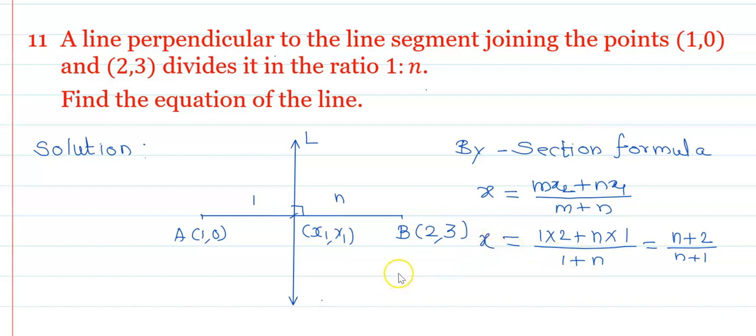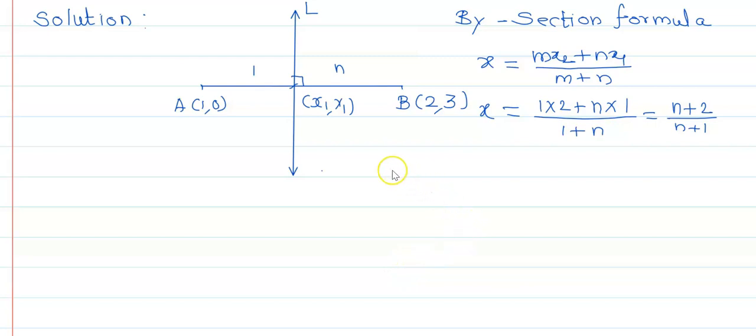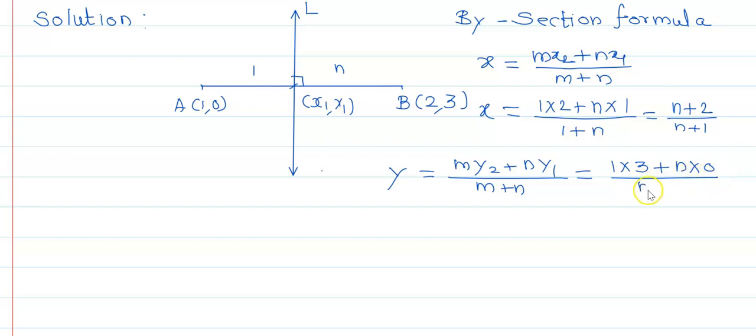This is the x coordinate. Now, what about the y coordinate? y is equal to (m y2 plus n y1) upon (m plus n), and therefore m is 1, y2 is 3, plus n, y1 is 0, upon m plus n, the value of m is 1, plus n.